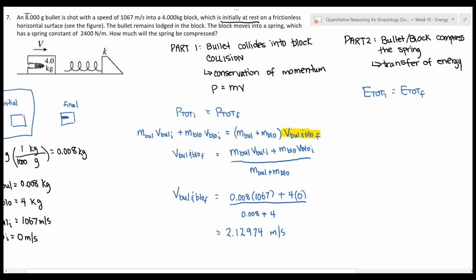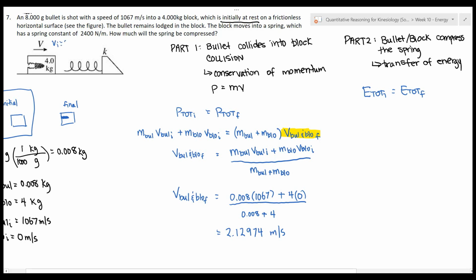Okay, so what types of energy do we have in this question? The spring and the bullet and the block together are moving with a velocity of 2.12974 meters per second. So initially, their velocity before they compress the spring, I'm going to write it here.